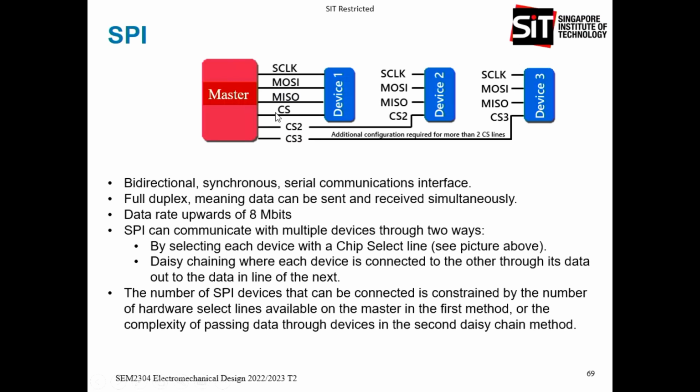The rest of them can put information anytime they want. But for SPI, it's different. The master is the one that controls who can talk. So for this kind of connection, you can only have a centralized control. If the centralized controller goes dead, then everything is dead.